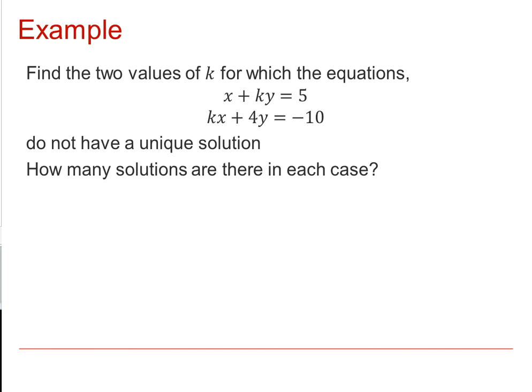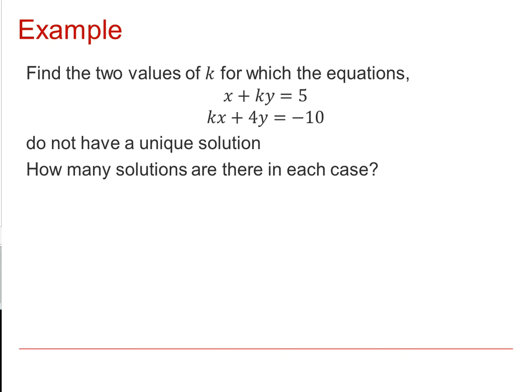In this example, we're asked to find the two values of k for which the equations x plus ky equals 5 and kx plus 4y equals minus 10 do not have a unique solution. So in other words, we're either looking at parallel lines or a coincident line.